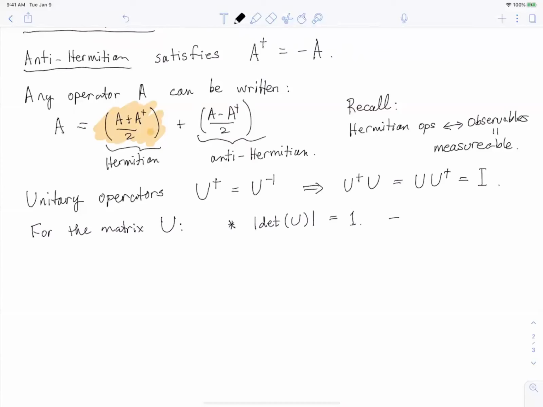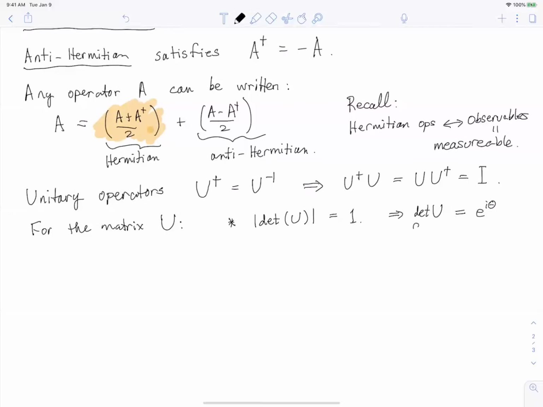So that also implies that the determinant of U itself is e to the i theta for some complex phase, for some real theta.